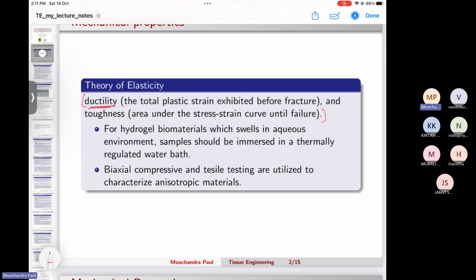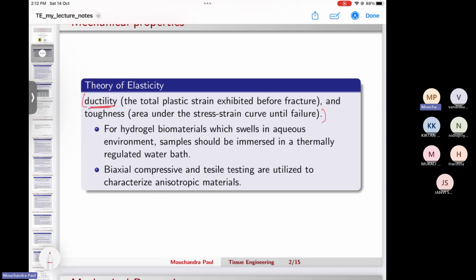That is how much plastic strain or plastic deformation the material has undergone. Plastic deformation means how much change in length has happened irreversibly. When you remove the external load, the material does not go back to its original length; rather, some additional new length has been added.